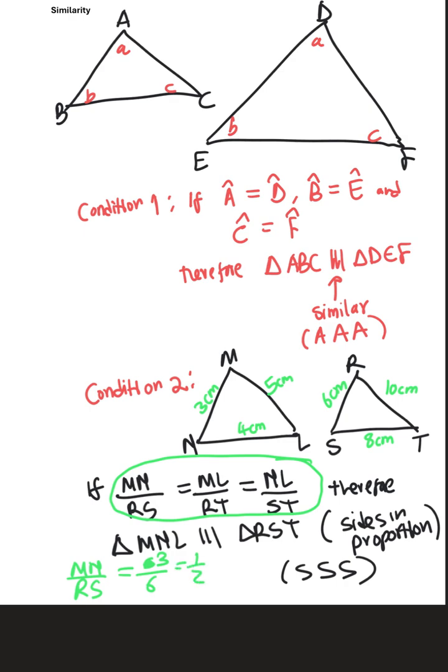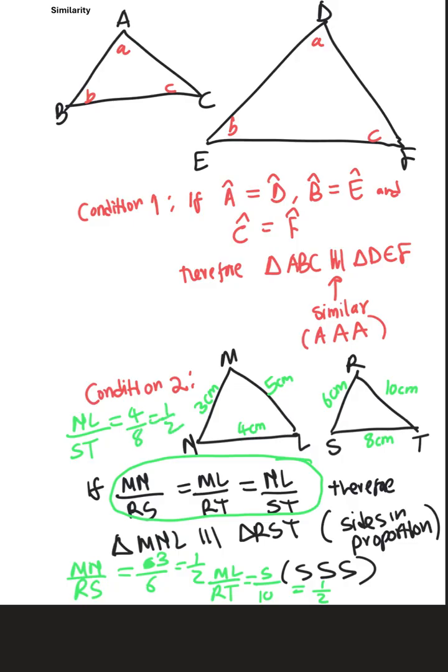And then if you do the same thing, you find ML over RT. ML is how much? It's 5 and RT is 10. 5 over 10 is what? Is 1 over 2. And you do the same thing with NL over ST. NL is 4 and ST is 8. 4 over 8 is what?